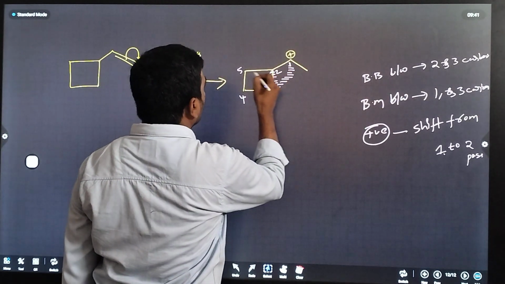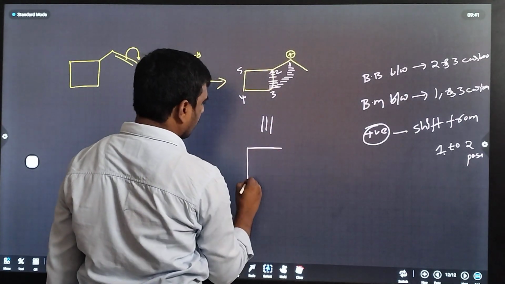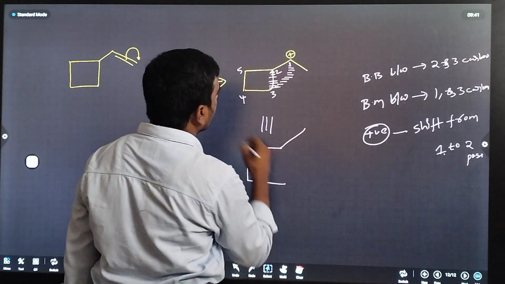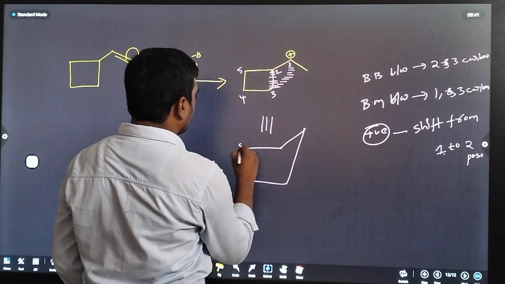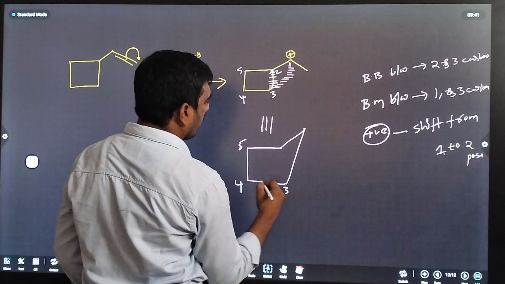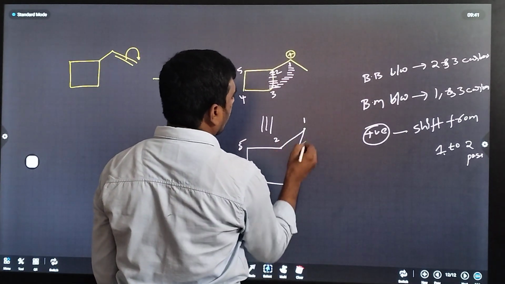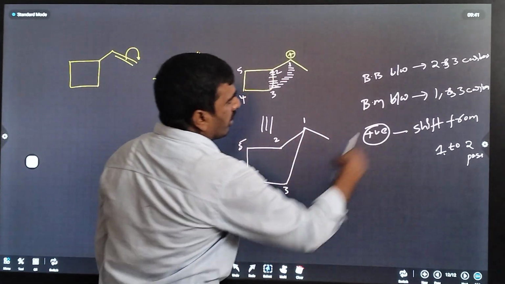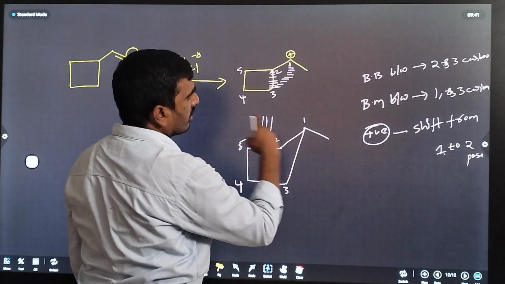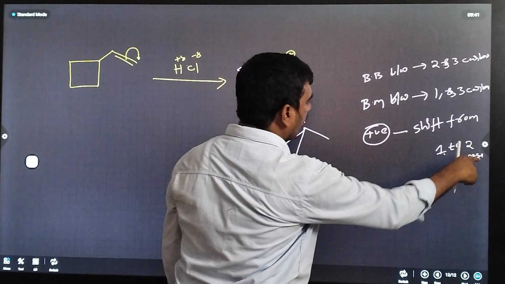So here 1, 2, 3. I can write this: the 5th carbon, the 4th carbon, next the 3rd carbon, this is the 2nd carbon, and the first carbon has 1 methyl group. So 1-3 bond making, 2-3 bond breaking, and the charge shifts from 1 to the second position.